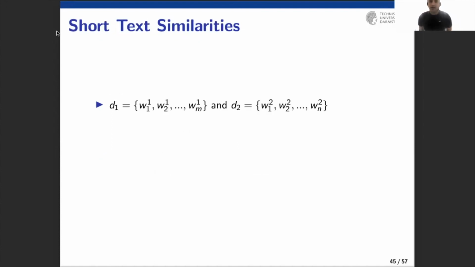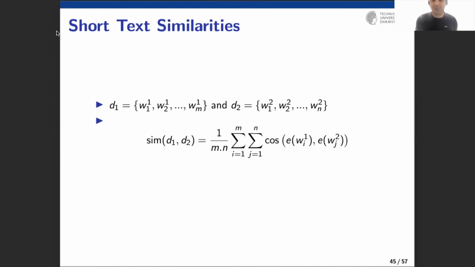The other application is short text similarity. So we always talked about word similarity, but what if we have short texts like D1 and D2 and we want to find the similarity between them? The easiest way is, again, to use our embedding function.